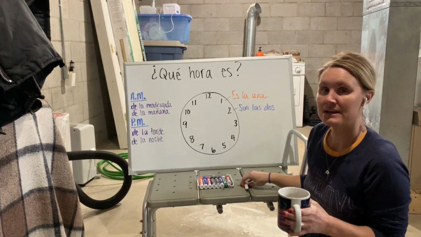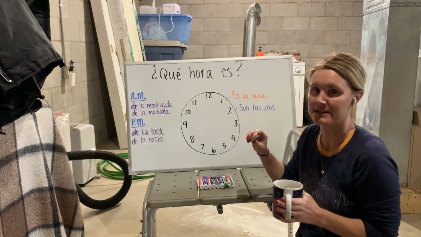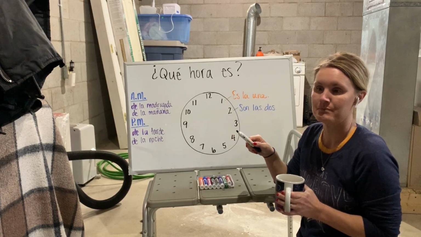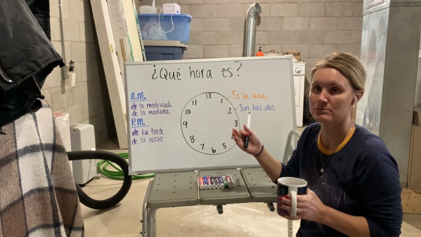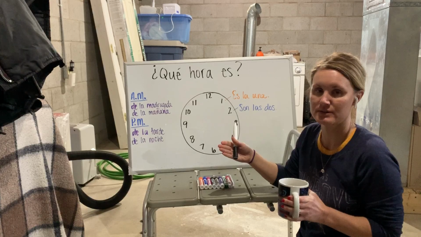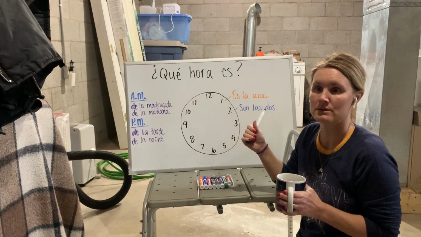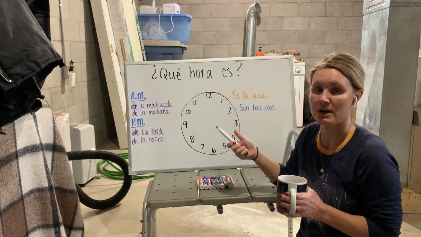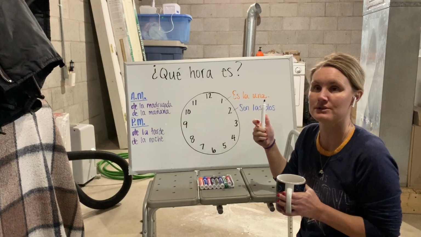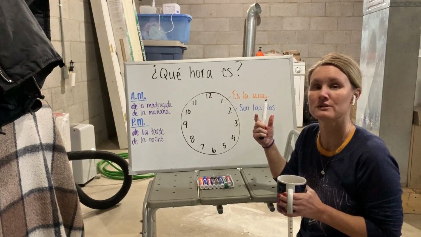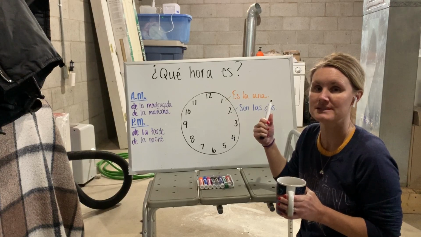Anyways, today I'm going to review with you guys how to tell time in Spanish. With all of these videos that I've done so far, we have reviewed most everything that we learned in Unit 1. We learned our alphabet, how to have greeting conversations, our subject pronouns, and how to conjugate the verb ser.